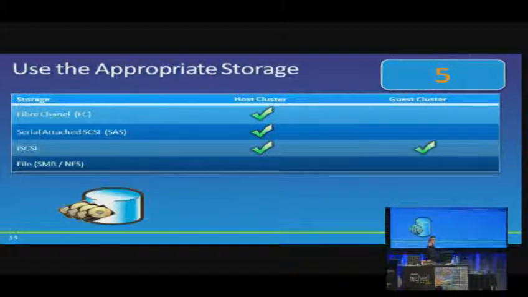Now inside the guest, if the guest is clustering with some other VM or a physical host, then the data for that guest can only be accessed via iSCSI. So the VHD for the OS image for that guest can be on a fiber channel, serial attached, or iSCSI, but the data that the guest is sharing with the other machines for the clustered environment needs to be on iSCSI.